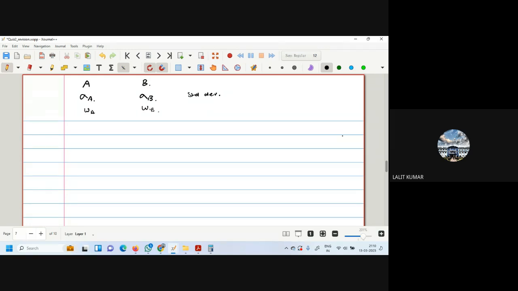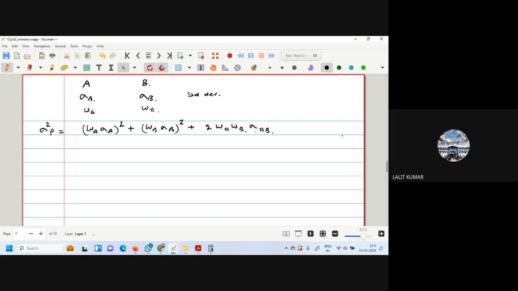So for the combined portfolio, sigma square portfolio will be equal to WA square sigma A square plus WB square sigma B square plus 2 W1 WA WB sigma AB. Okay, this is the formula, easy to remember, like our normal quadratic equation.